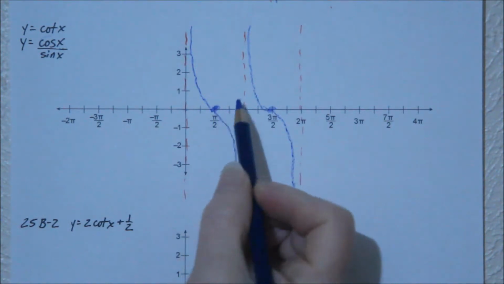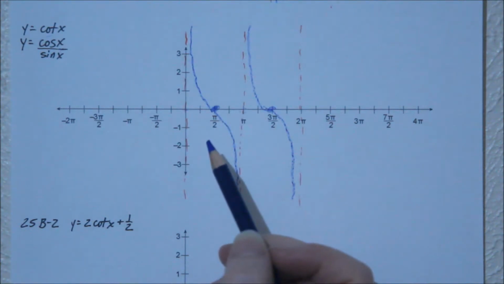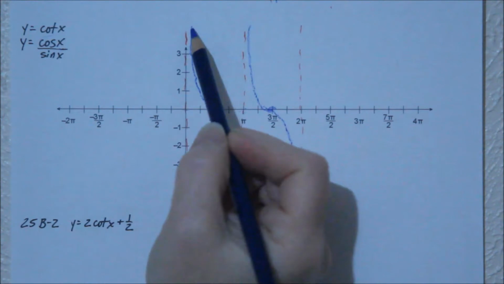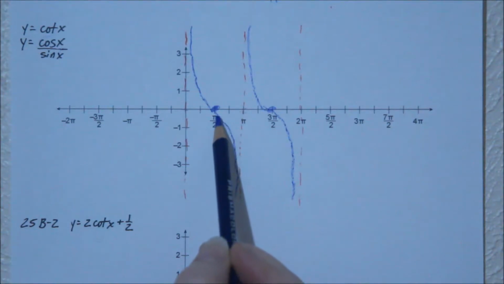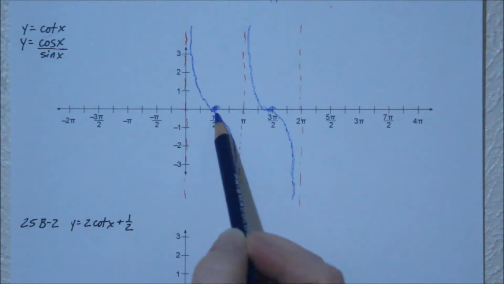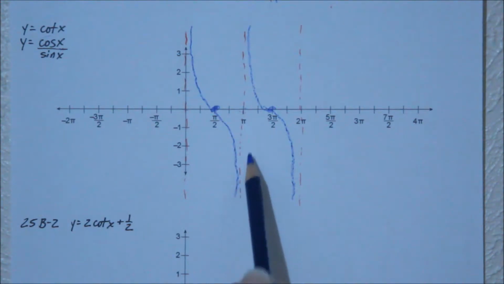Remember, amplitude determines how tall or short, but since cotangent and tangent are kind of sideways, it basically determines the width going this way. So it's going to determine your steepness or your width. How steep is it going down, or does it come out wider and then go down?